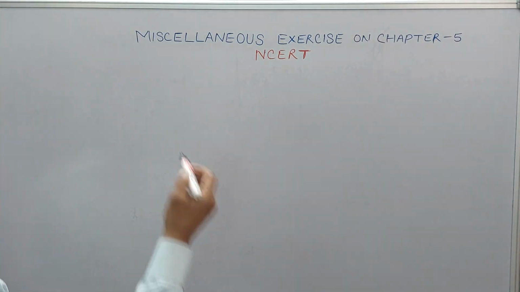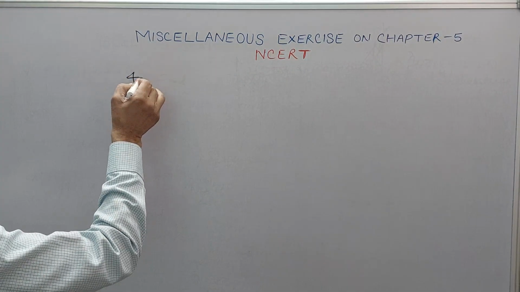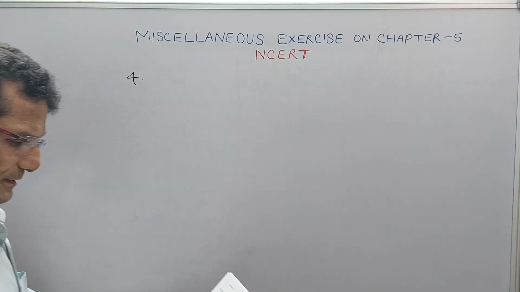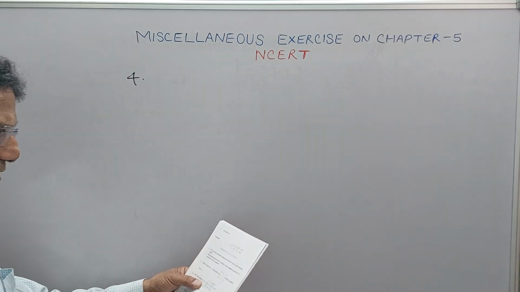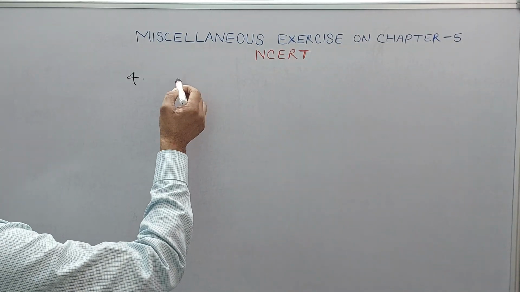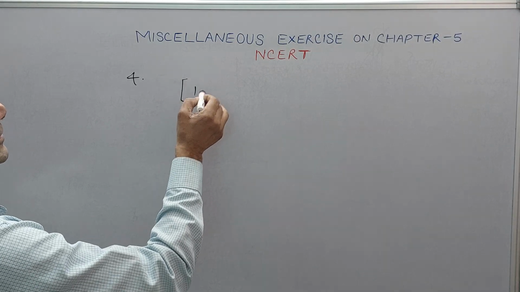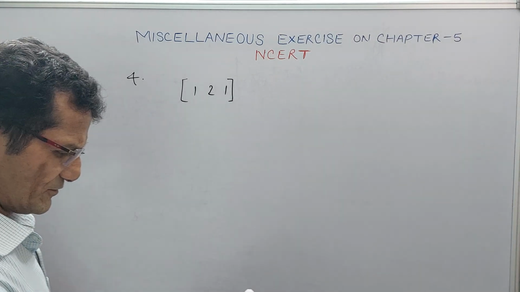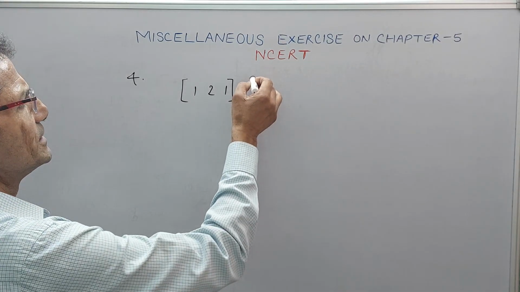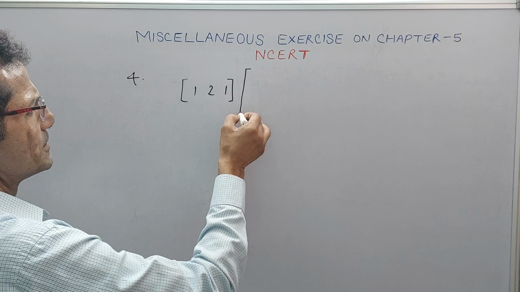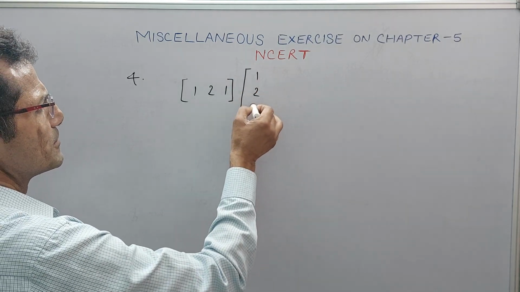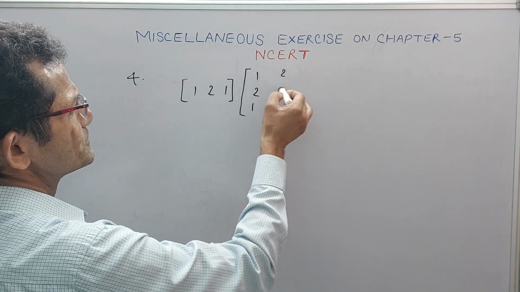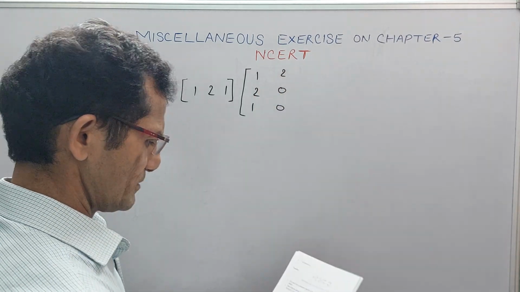Now question number 4 of this exercise. In question number 4, for what value of x is the product of the matrices equal to the 0 matrix? This is the first matrix. Another matrix has entries 1, 2, 1, 2, 0, 0, and third column 0, 1, 2.